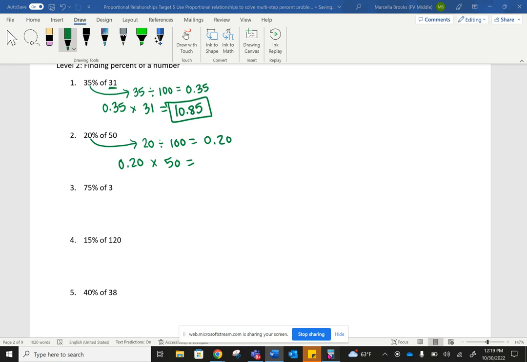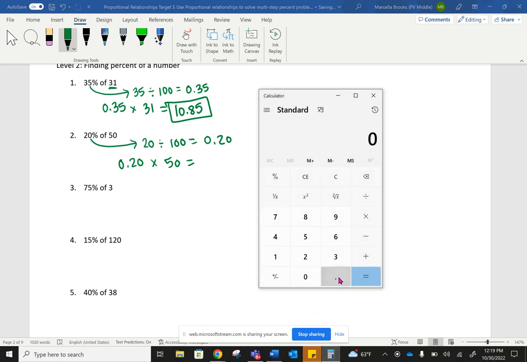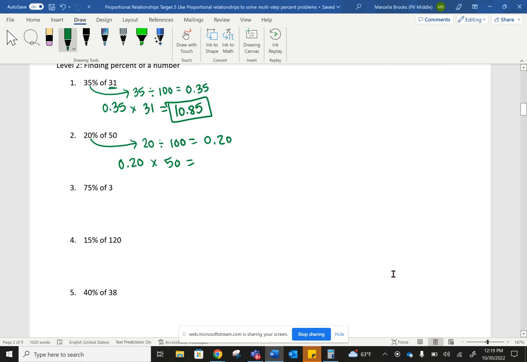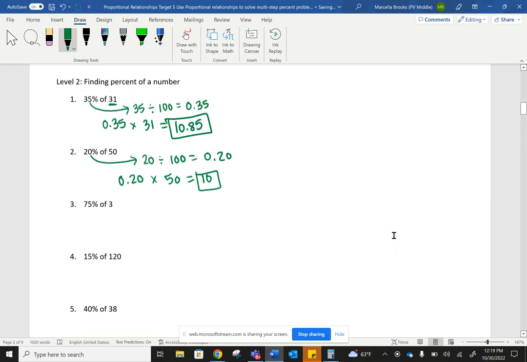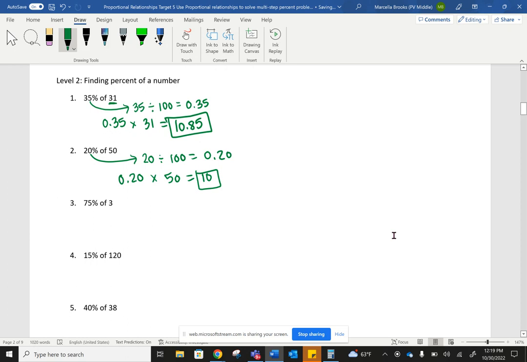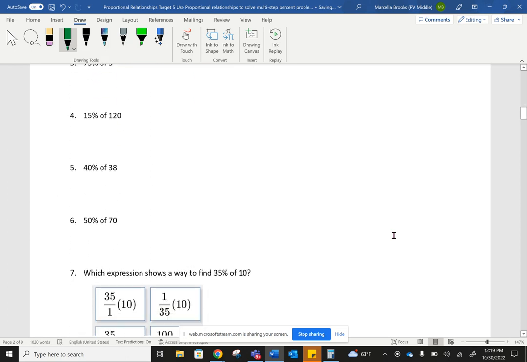So 0.20 times 50 equals 10. And there we go. 10 is 20% of 50. Should I do one more? Nah, you guys can do 3, 4, 5, 6.